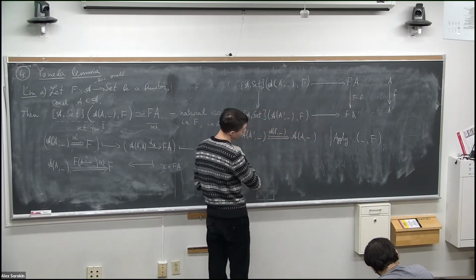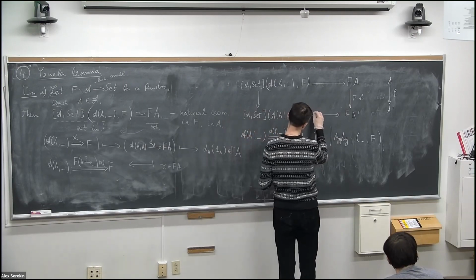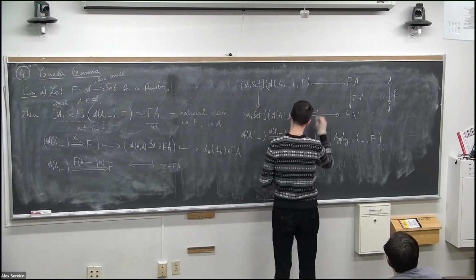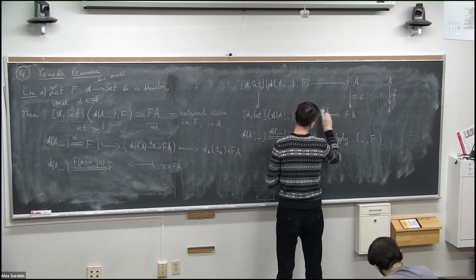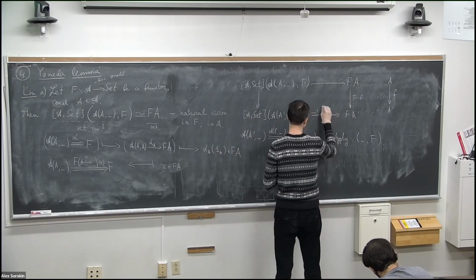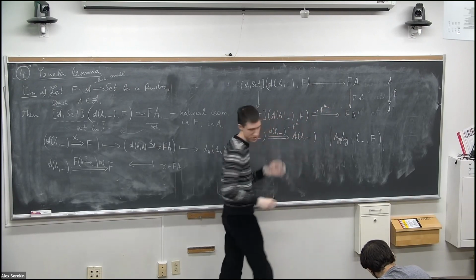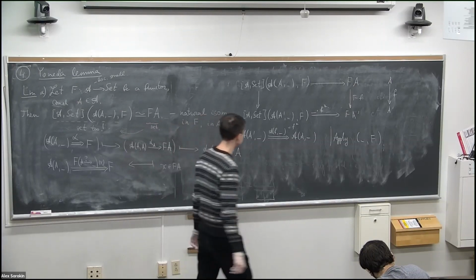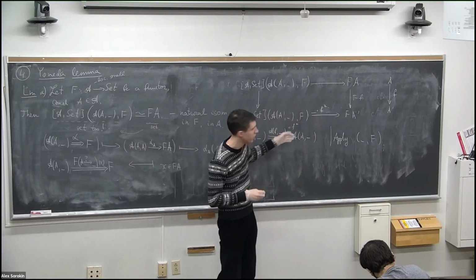So this thing is here. What will it be? It takes a natural transformation from this thing and composes it with a natural transformation. So it takes the natural transformation and composes with this thing.